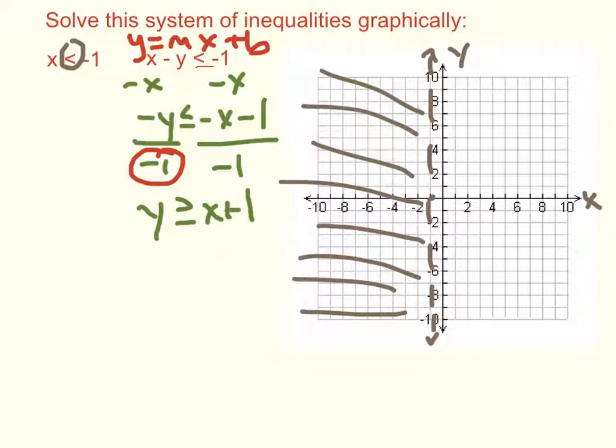With this information, I can now make the graph of the inequality because I know that my b equals 1, so my y-intercept is 1, and my m is 1, which is really just a fancy way of saying 1 over 1.